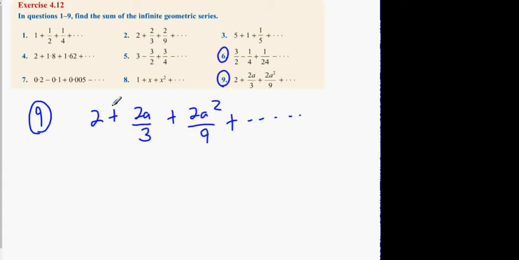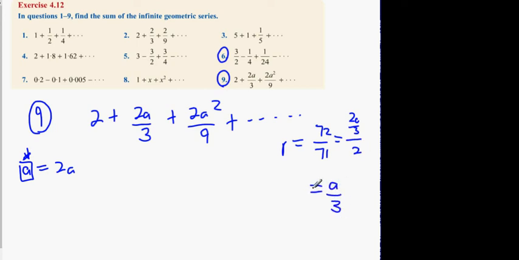Now, in this case, the initial value is 2, or the a value, so to speak. This is the initial value. a is 2, and then we can find out what r is by dividing t2 over t1, which is 2a over 3 divided by 2. And this means that our r value is a over 3. r equals a over 3.